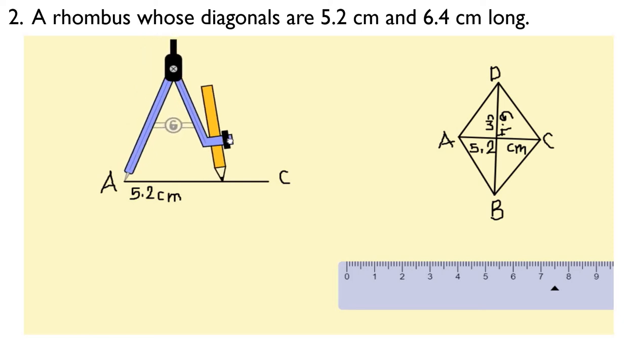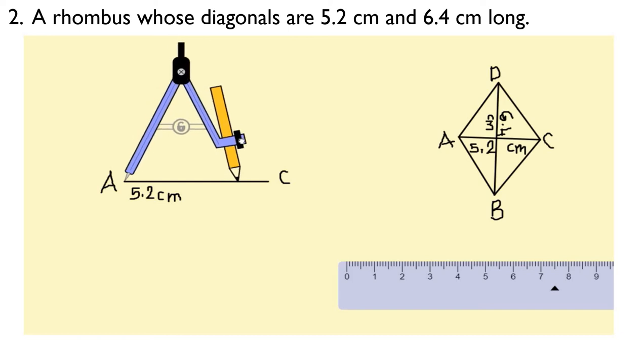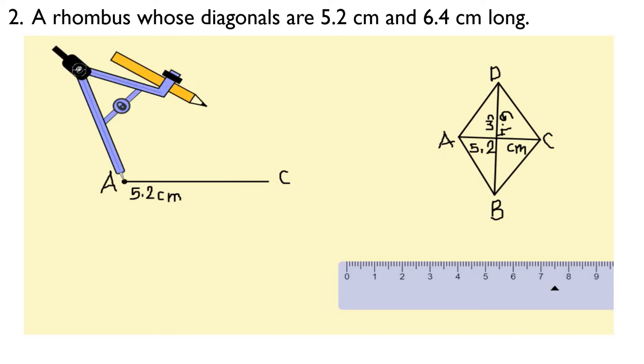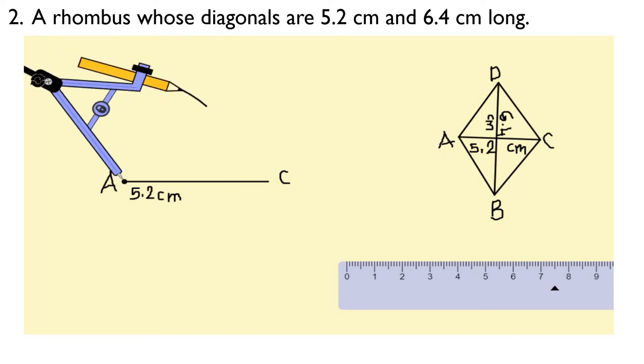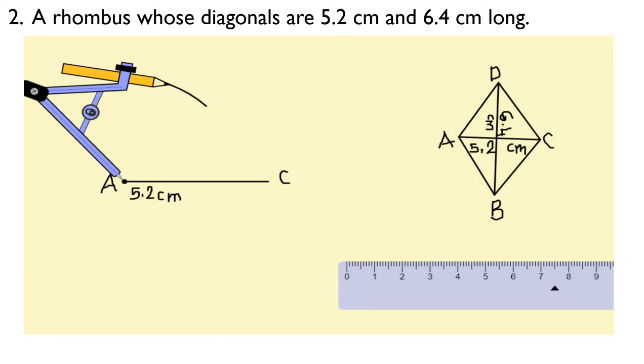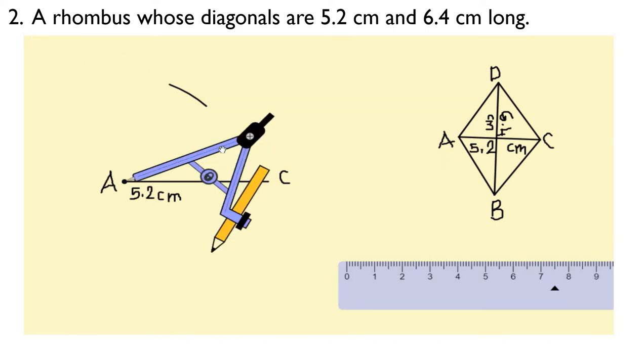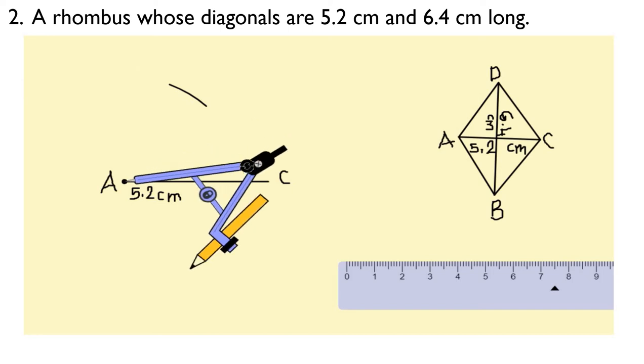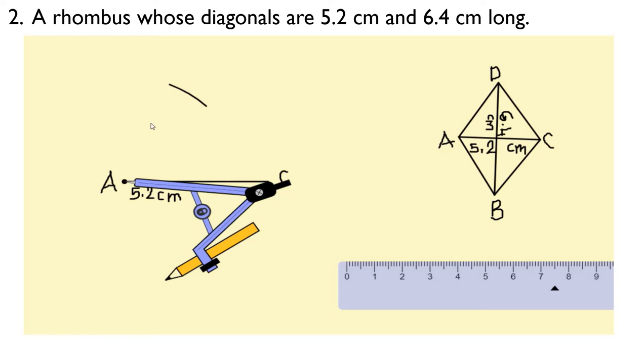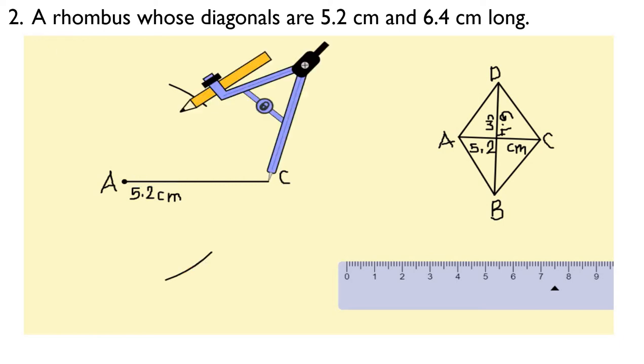Now, keeping the pointer on vertex A only, draw one arc above and another arc below the line segment AC. So you have to keep the pointer on one of the vertices and draw two arcs, one up and one down of line segment AC.